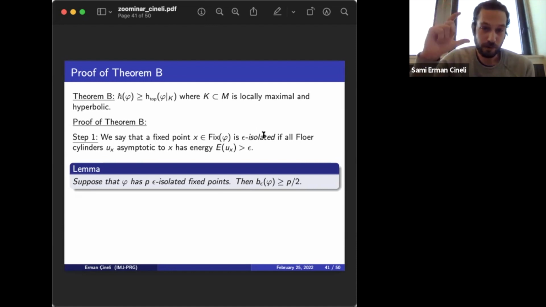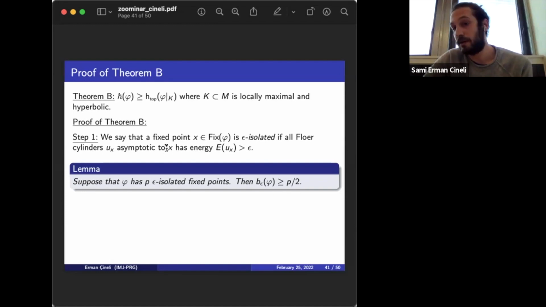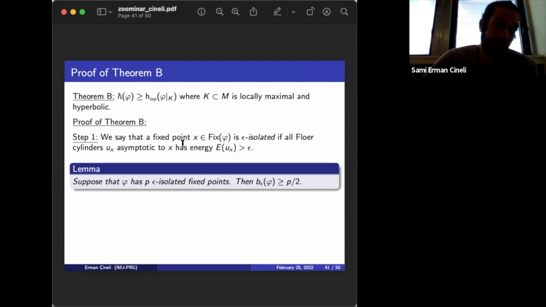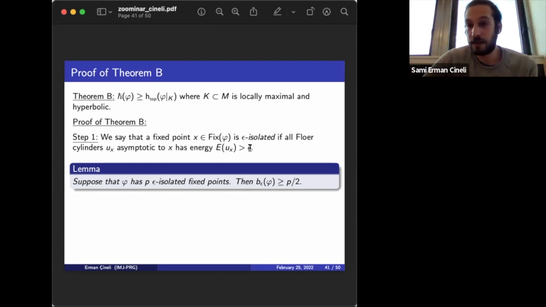So you can think of this in the following way. In the action spectrum, in an epsilon neighborhood of the action of x, no other orbit is connected to x via the differential. Roughly speaking, this tells us that x is going to be an endpoint of a bar, either a finite bar or an infinite bar, and that bar has length at least epsilon.